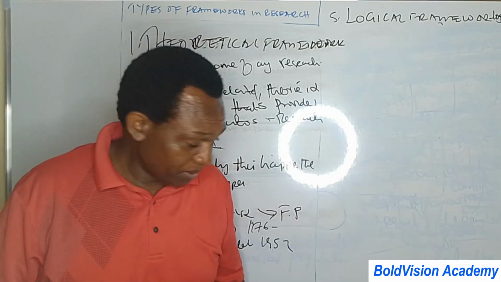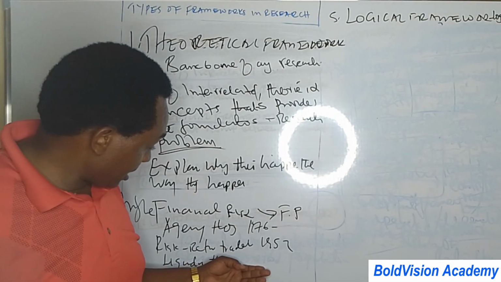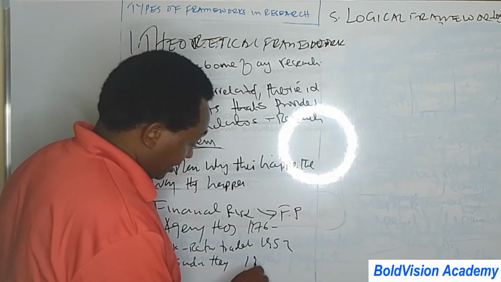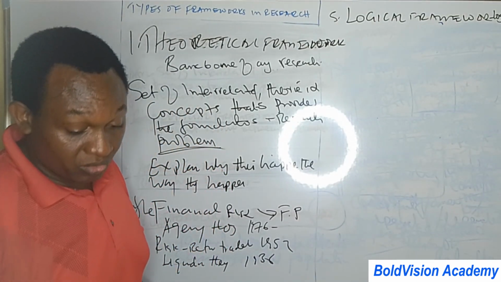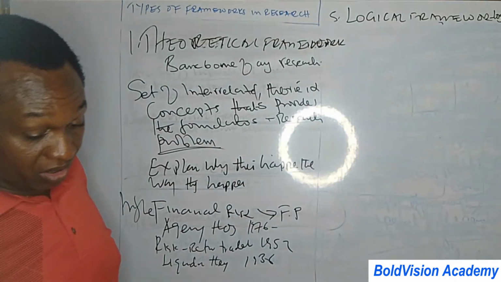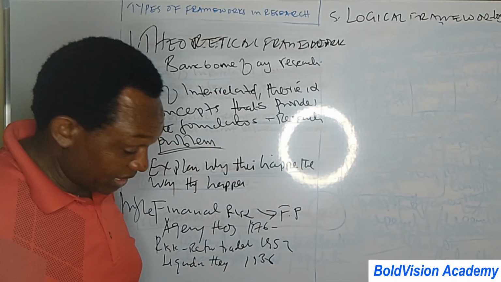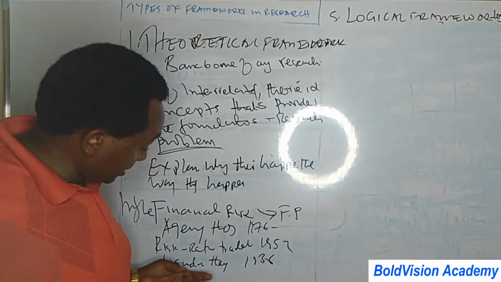Another one can be the liquidity preference theory, which was put forward by Keynes in 1936. It also tries to explain how we are going to see our liquidity or cash flow in the organization. Firms need cash reserves to manage their liquidity risk.